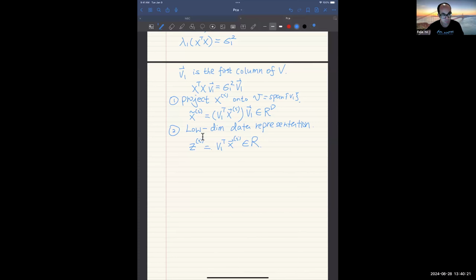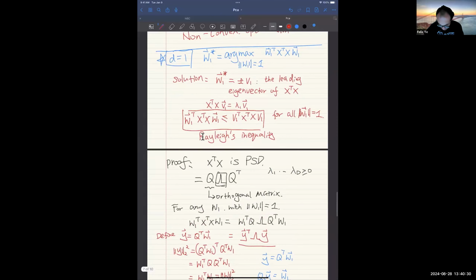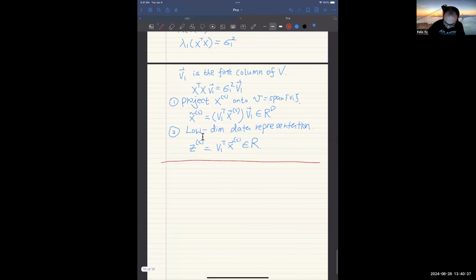And of course, there will be general cases, which are more complicated than that. Right here, we just focus on 1D. In terms of general cases, that will be W1 star to WD star, so general d. We want to solve for W1 star to WD star.